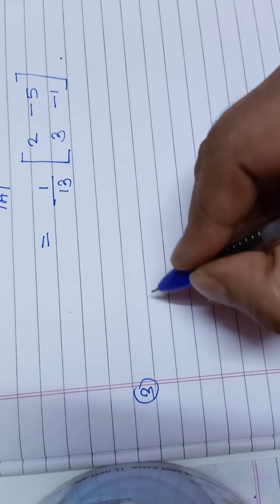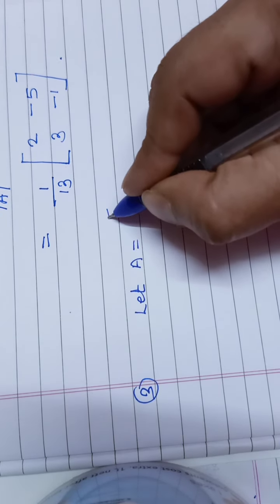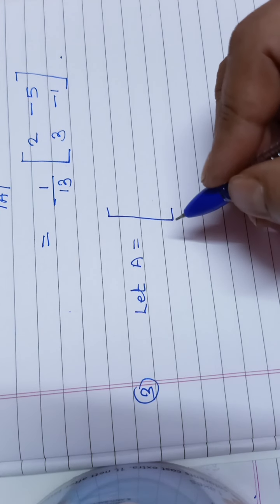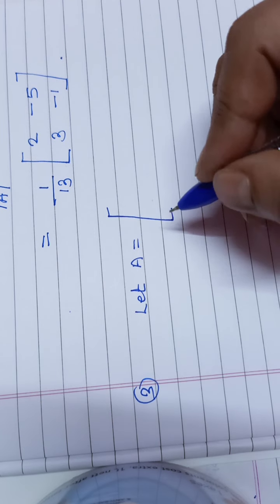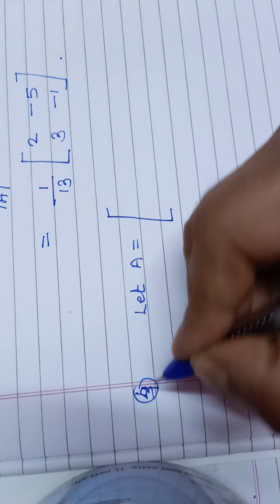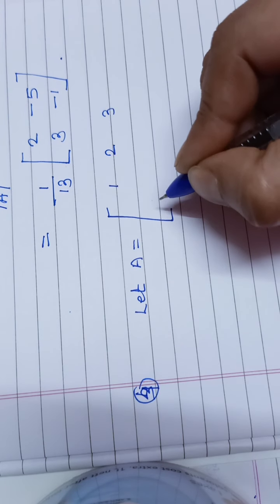Sum number 3. Let A equals, now we are considering the 3 by 3. So it is sum number 4. Sum number 3 is very easy.